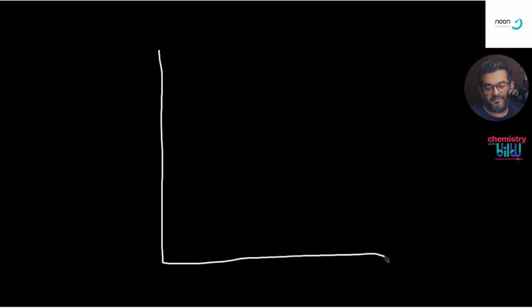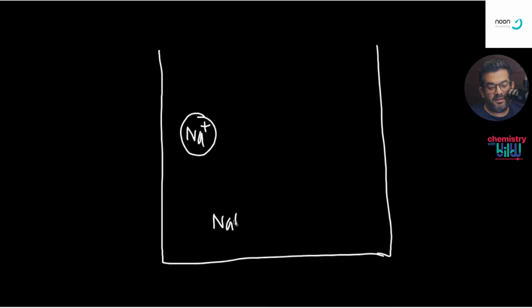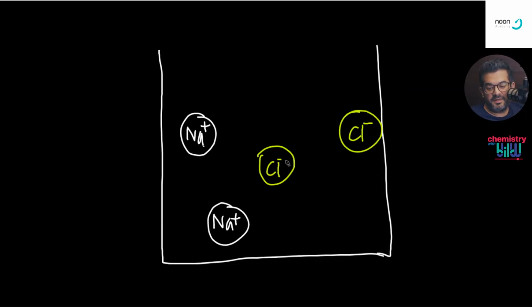So let me take a bigger beaker. My beaker is not even straight. Okay, and in this I have sodium ions here. Remember, sodium chloride aqueous means that the sodium ions are separate from the chloride ions, and they are mixing around freely like this.